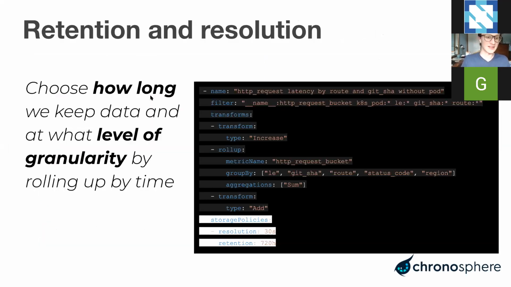And then very lastly, another value of the aggregation side is it allows you to choose how long we keep data around for and at what level of granularity. This allows us to be more selective.